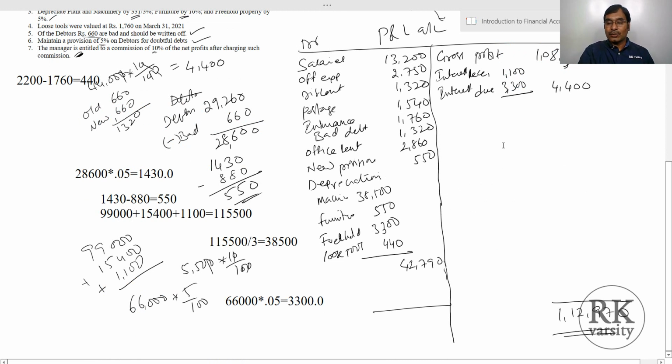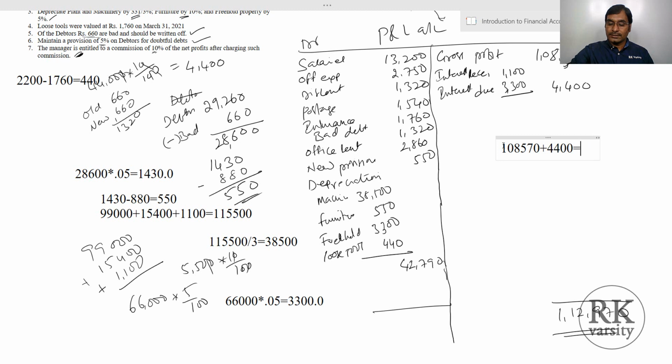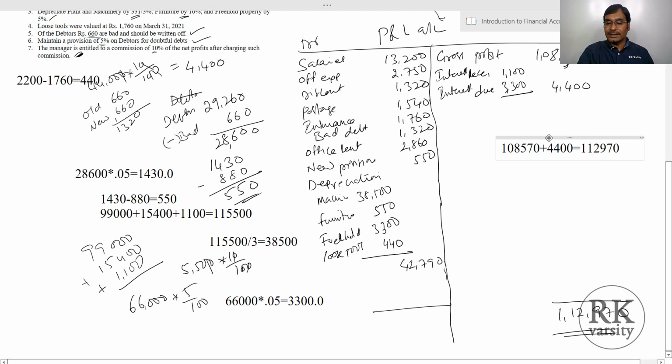Let me cross check once again. 1,08,570 plus 4,400, so 1,12,970. Now here also we write 1,12,970, and from this we deduct all our expenses.